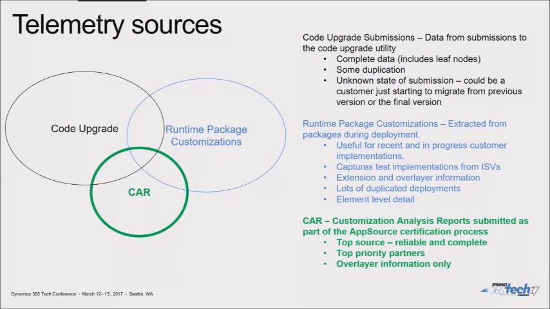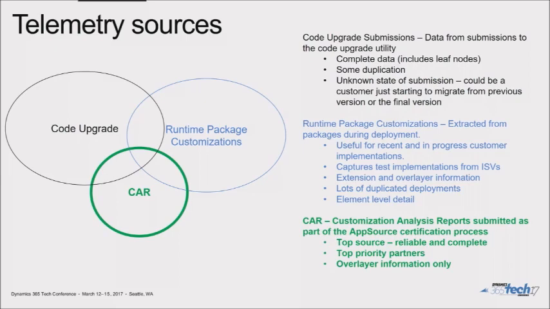There are three sources that we have for getting customization information. There's the code upgrade, which comes from the code upgrade tool that you use through LCS. There's runtime package customizations, which got put into Platform Update 3, where as packages are deployed, we pull some extension and overlayer information out of those packages and collect that data into some Power BI reports.